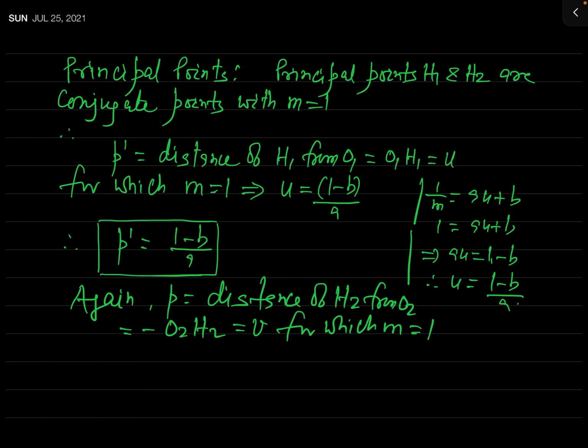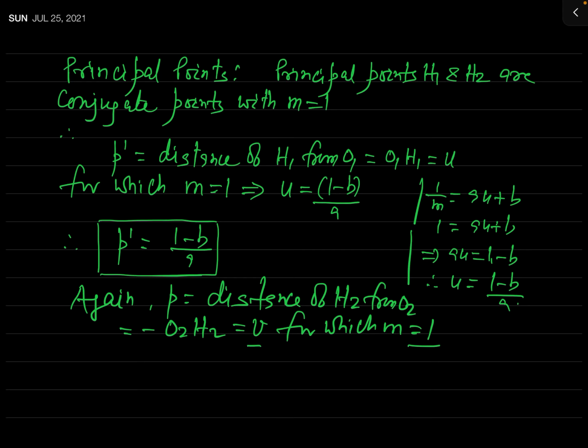This is just the definition. When you take linear magnification 1, then the image distance is called the distance of the second principal point from the pole.